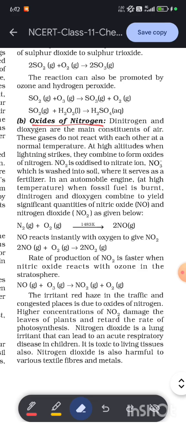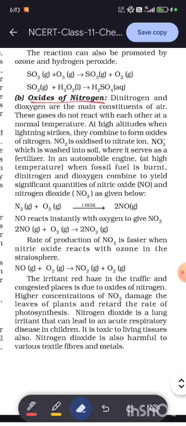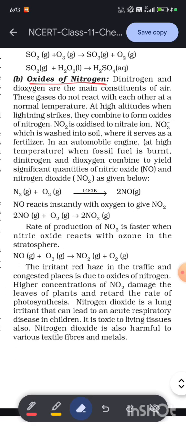NO reacts instantly with oxygen to give NO2. 2NO + O2 = 2NO2. The rate of production of NO2 is faster when nitric oxide reacts with ozone in the stratosphere. NO + O3 = NO2 + O2.